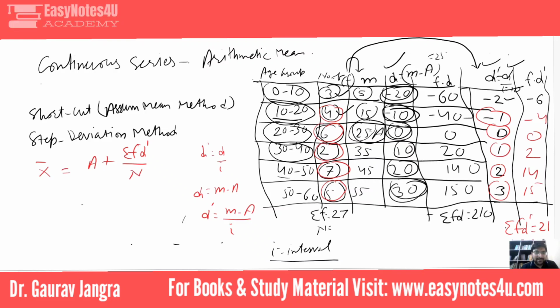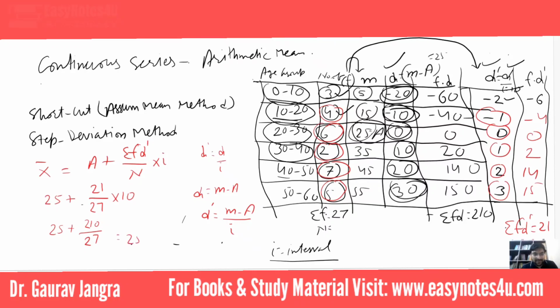So a, the assumed mean, was 25, plus summation f d dash is 21 divided by n, the total frequency 27, multiplied by 10. So you can calculate 25 plus 210 divided by 27, which is the same as 25 plus 7.77. So the value will be 32.77 something.